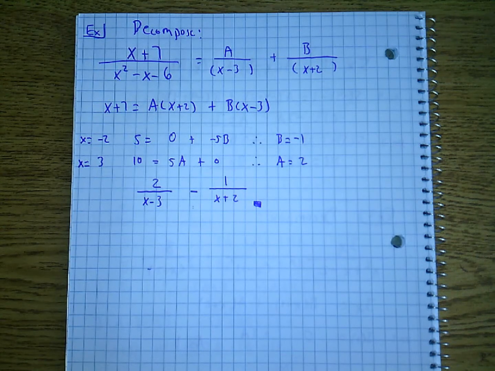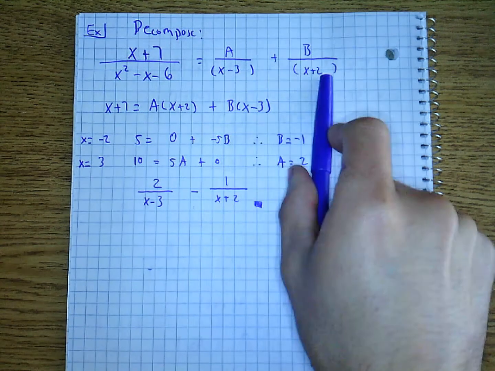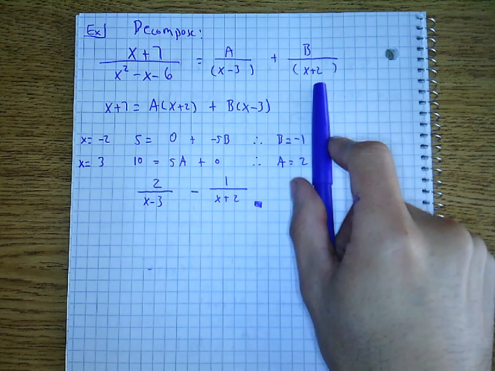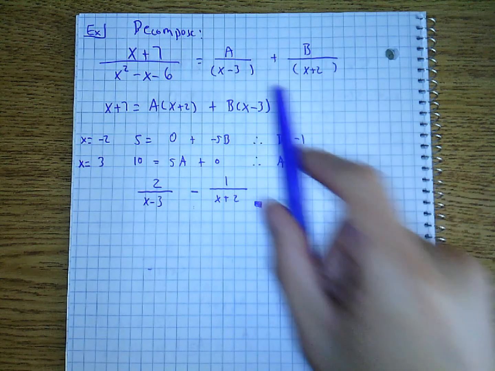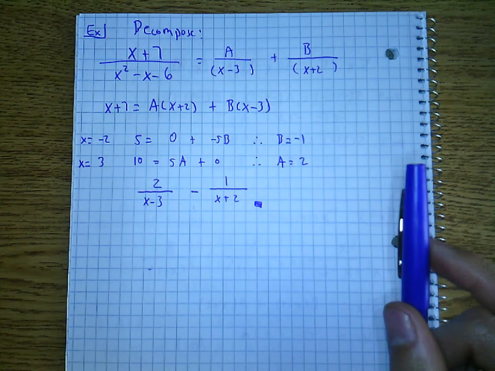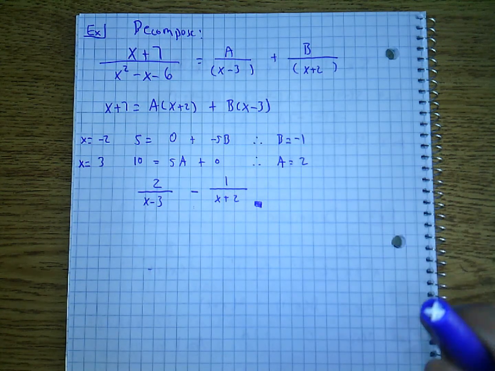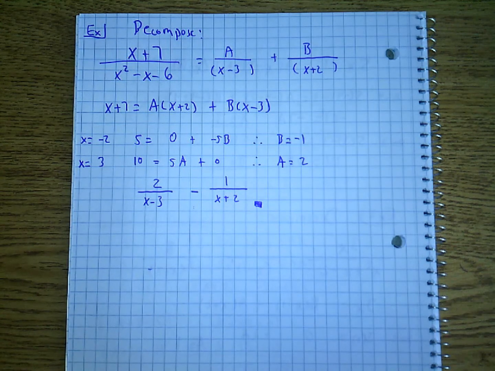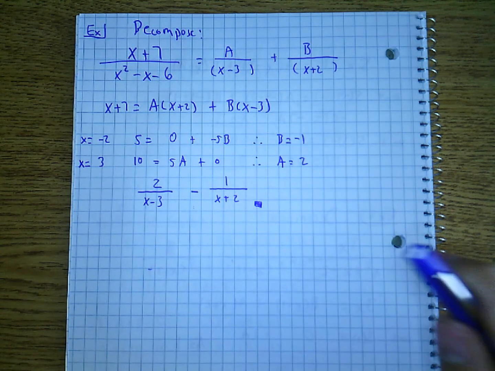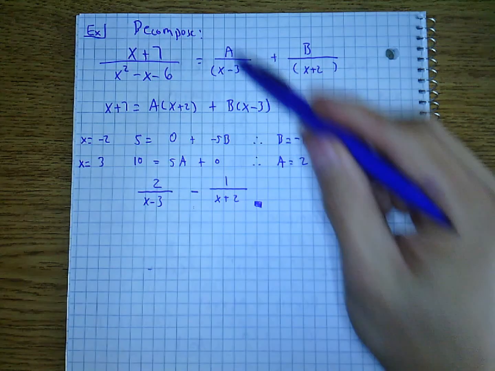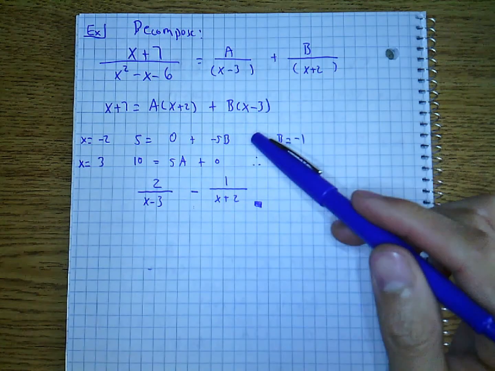That doesn't really matter, does it? Well, that's because you probably had a over x plus 2, and then you have b over x minus 3. Is that what you do? Yeah, that's fine. I don't remember if it was you or someone else who asked me. Our values could look different. My a could be different than your a, but that's because in your case you put a on the other factor. Cool? All right.